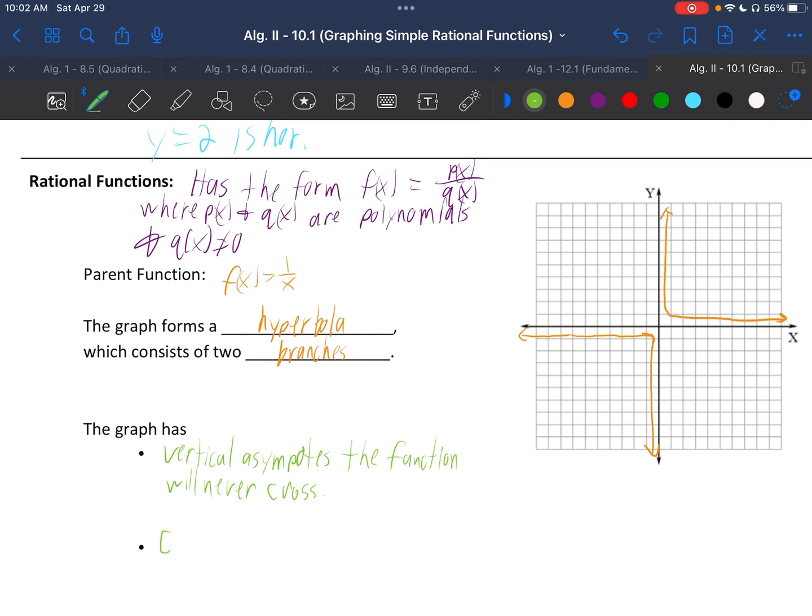And it can also have end behavior, also known as horizontal asymptotes. The end arrows get close to them.